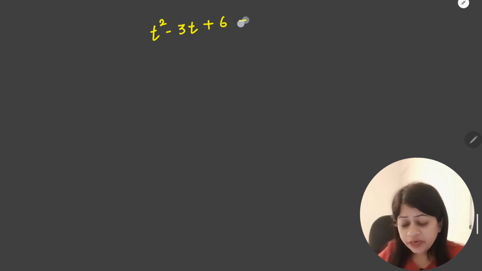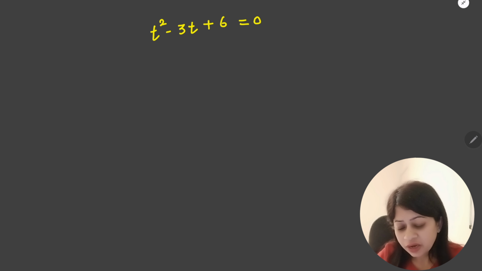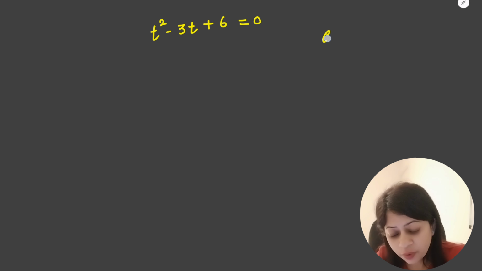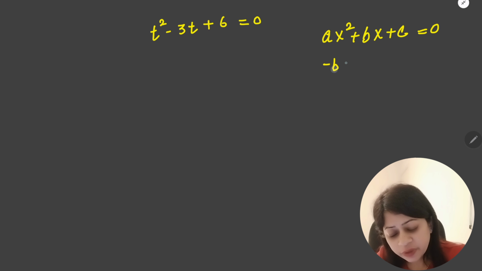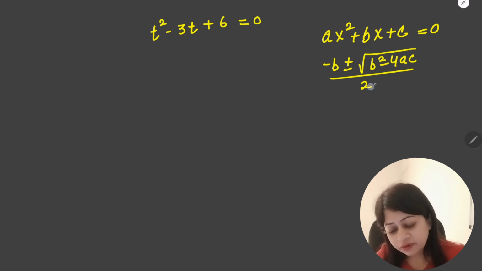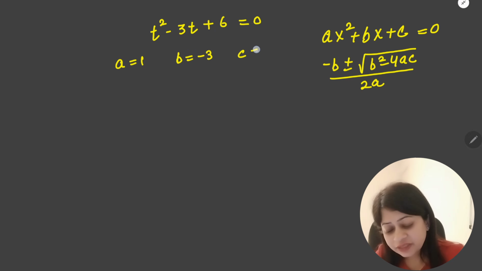Now we need to solve this quadratic equation to get the other two roots. Suppose we have a quadratic equation ax square plus bx plus c is equal to 0. The roots of this equation are minus b plus minus square root of b square minus 4ac, all over 2a. So here a is 1, b is minus 3, c is 6.